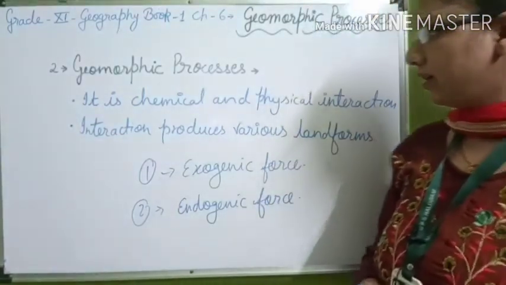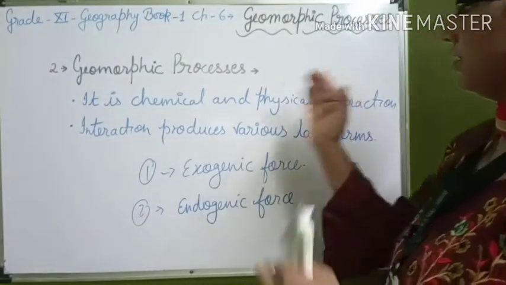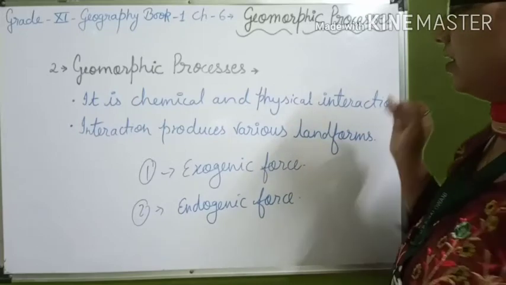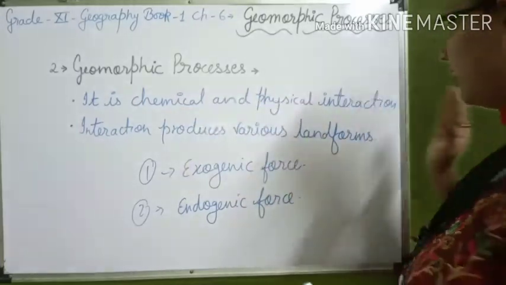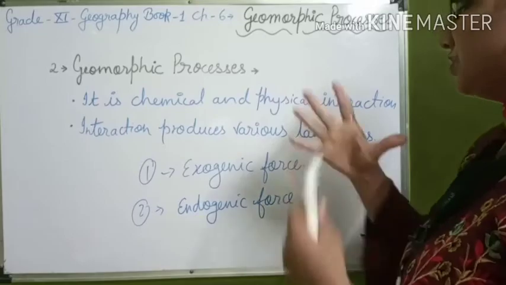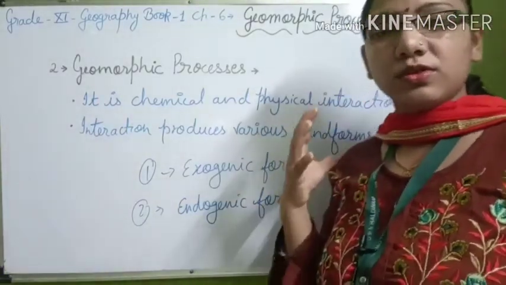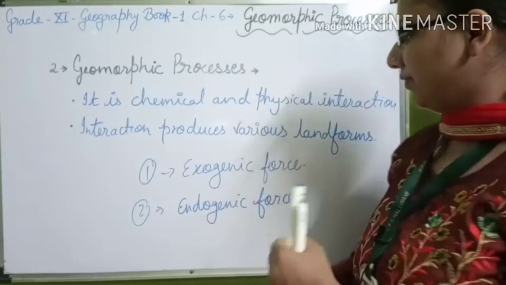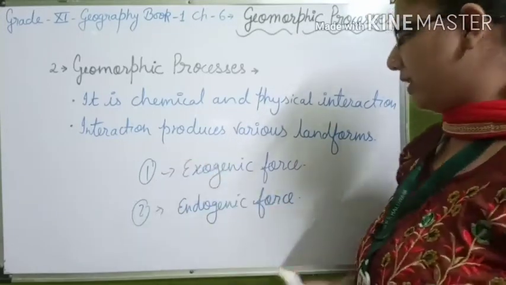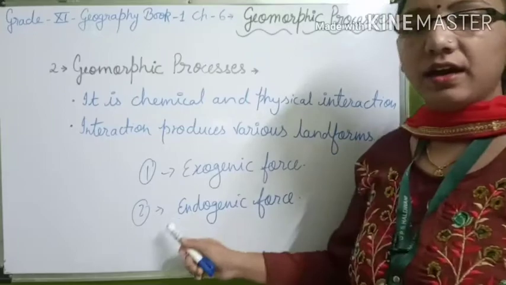Okay, so the reaction occurring on the earth surface, that is chemical and physical interaction, produces many landforms, and the forces which produce the different landforms are known as the exogenic and the endogenic forces.